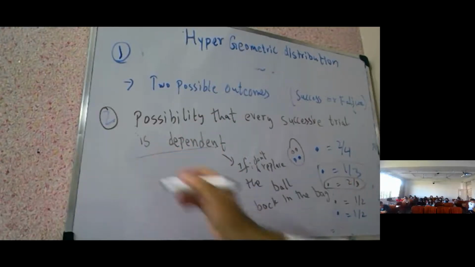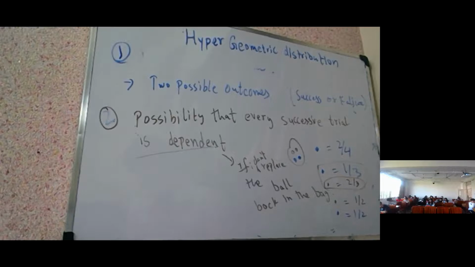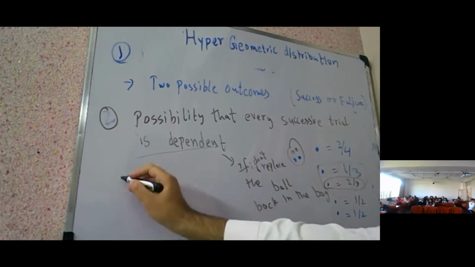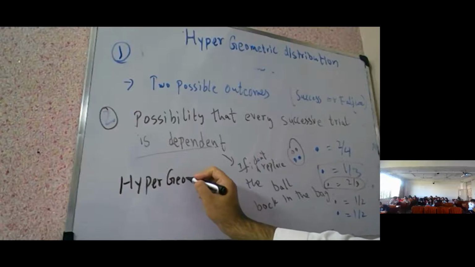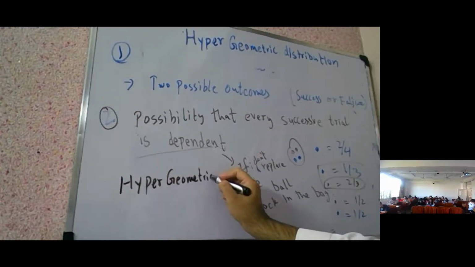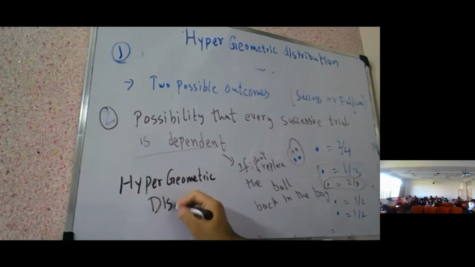If this is the case, then it's known as hypergeometric distribution.